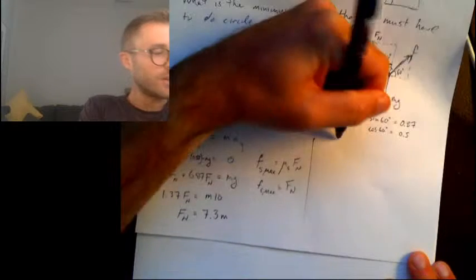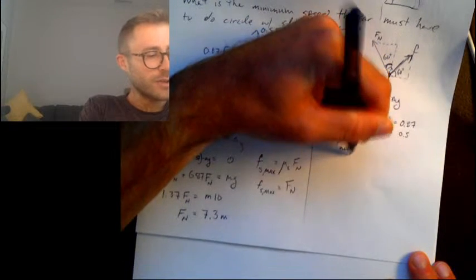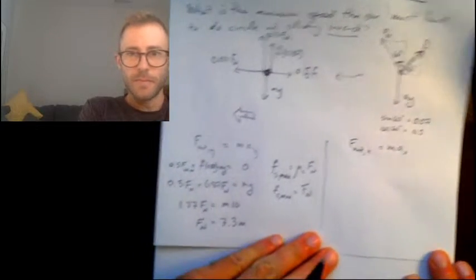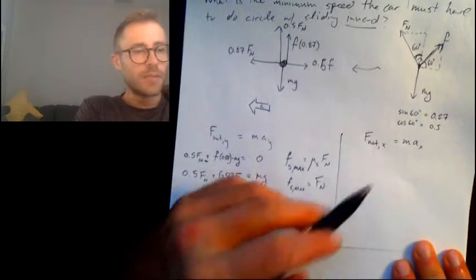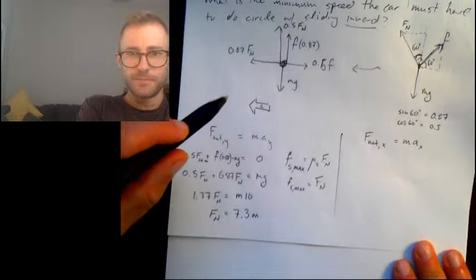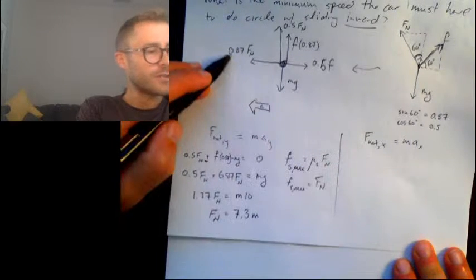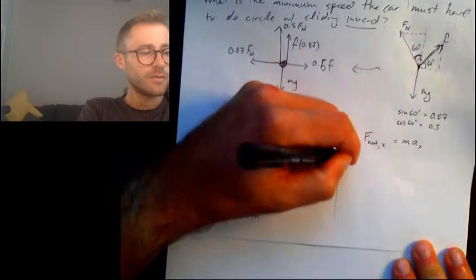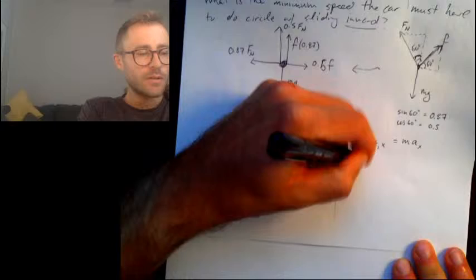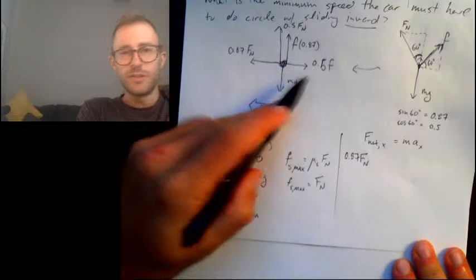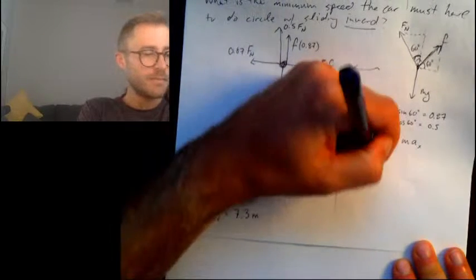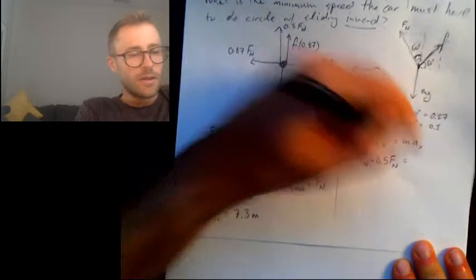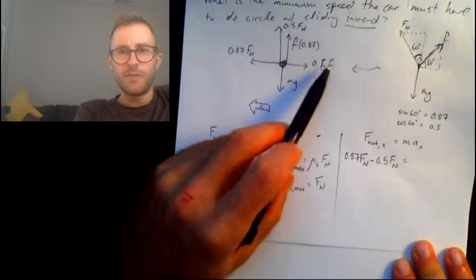Now let's do Newton's second law in the x direction. I'm going to take leftward to be positive. So the net force in the x direction is 0.87 F sub n to the left, and then 0.5 to the right. Notice how I didn't write 0.5 friction.